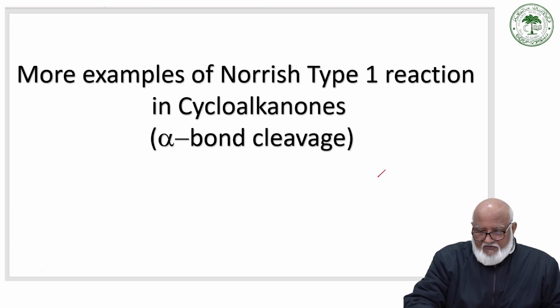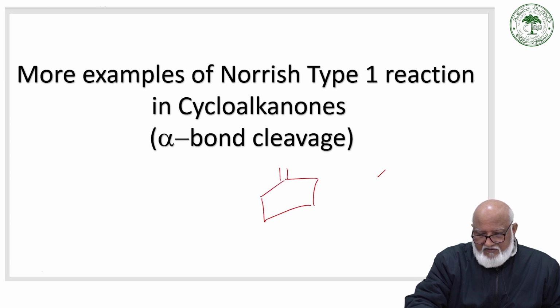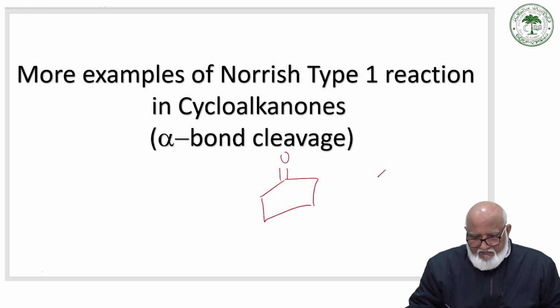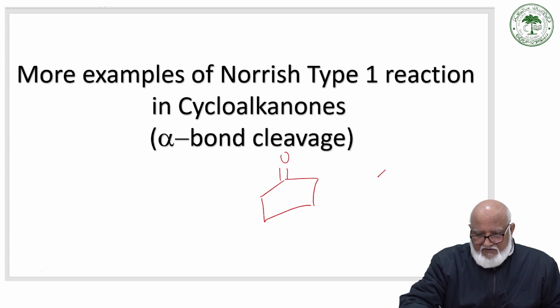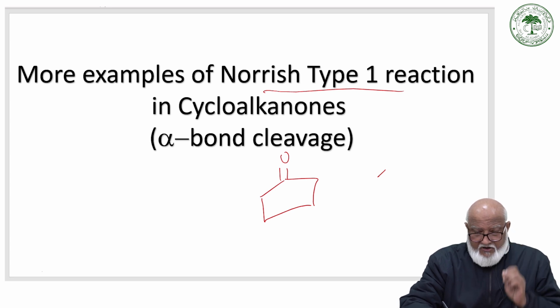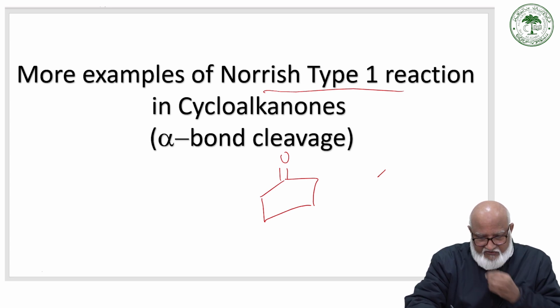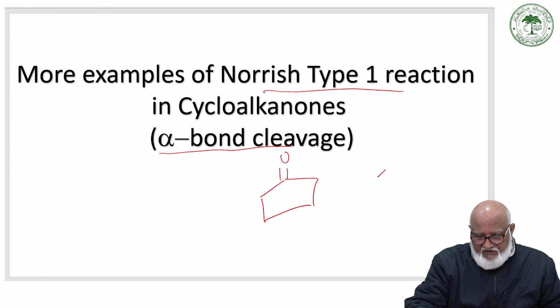So, for example, this is our carbonyl compound, and this Norrish type 1 reaction is one of the most common reactions in these compounds, which involves alpha bond cleavage. So we have this alpha bond as well as this alpha bond.